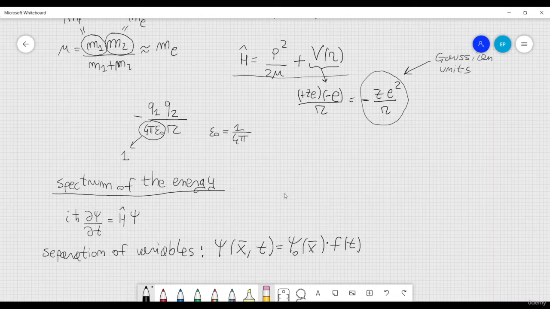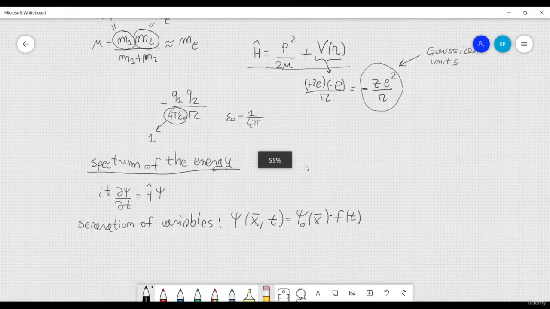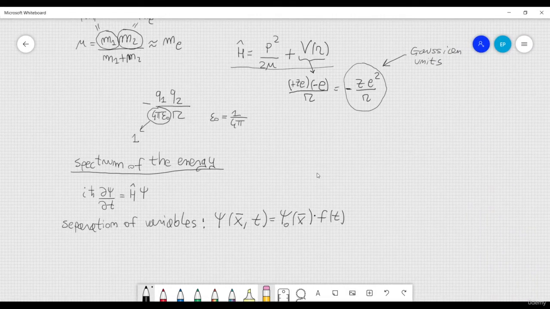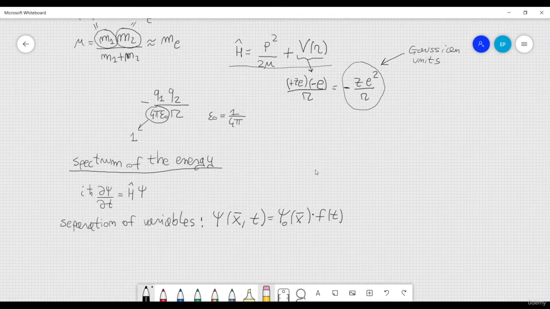Okay, and we still have to do several steps in order to derive the spectrum of the energy, and we will see it. So it will be non-trivial to do the derivation, but I will do it step by step, so that you can follow quite easily what I'm doing. The spectrum of the energy is not very straightforward.